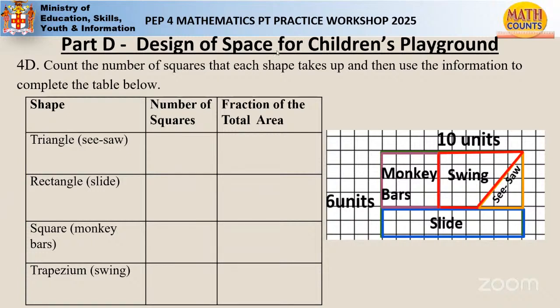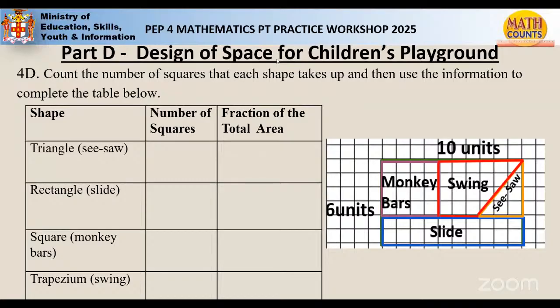All right, Miss Sharp, let me find you. How many squares did we use for the seesaw? Why am I not seeing the hands raised? All right. Go ahead, Miss Townsend. How many squares? Anyone?